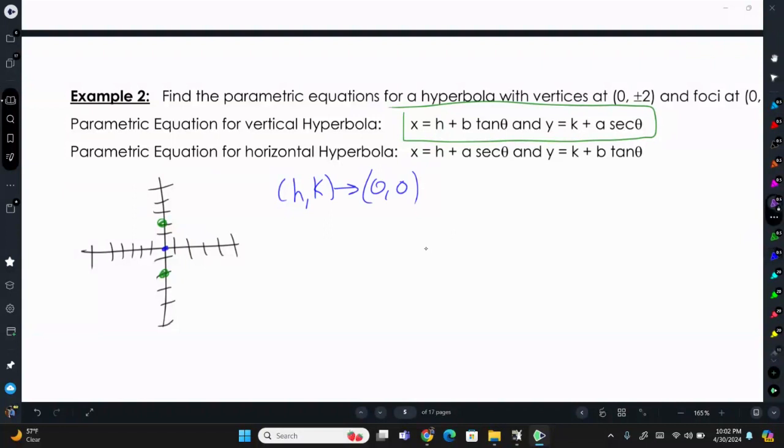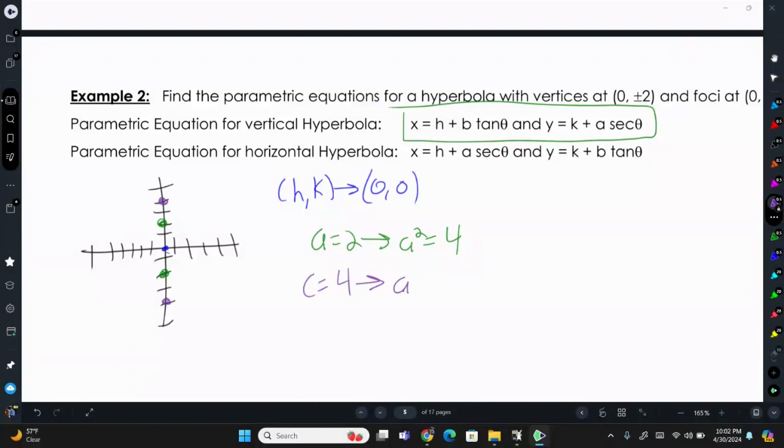Then our foci are at 0 plus or minus 4. So remember, our a value is the distance between the center and the vertices. So a is equal to 2, which means a squared is equal to 4. And our c value is the distance between the center and the foci.